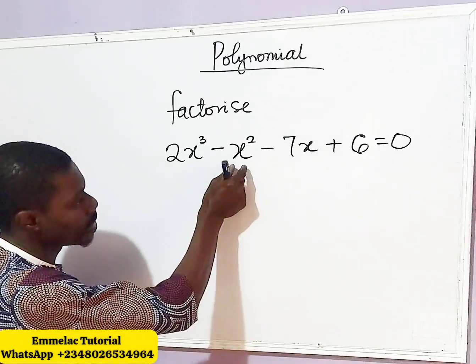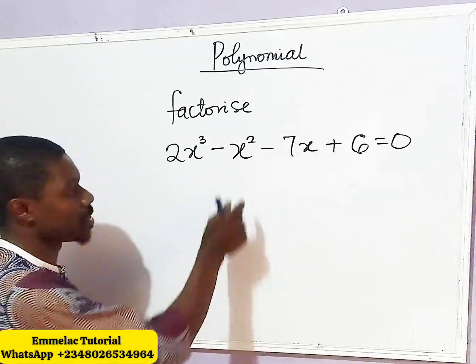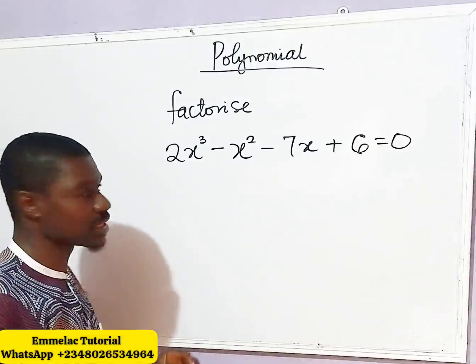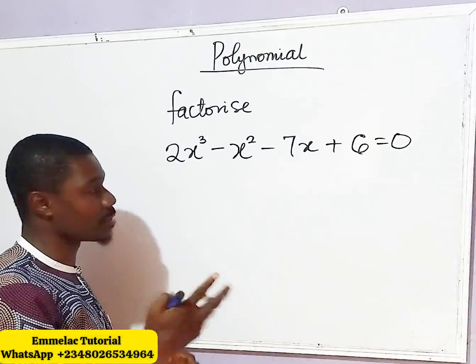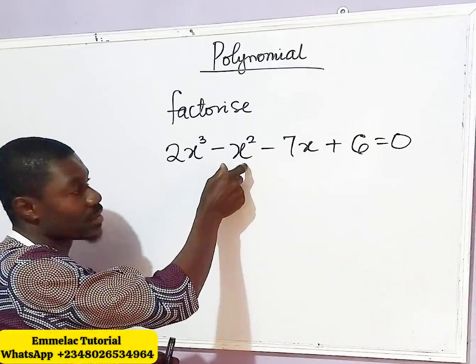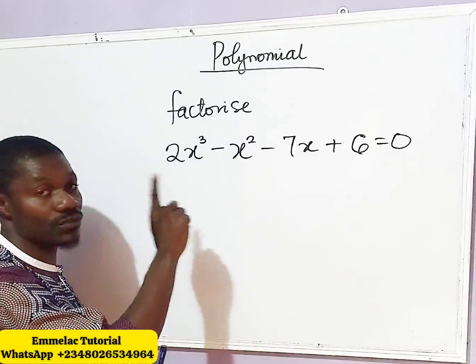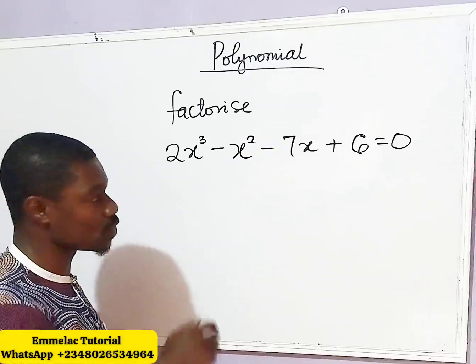Now we'll be considering this term and this term, that is x squared and 7x. So let us look for two terms which, when we add, will give us negative x squared, and one of the terms must have a coefficient of 2.